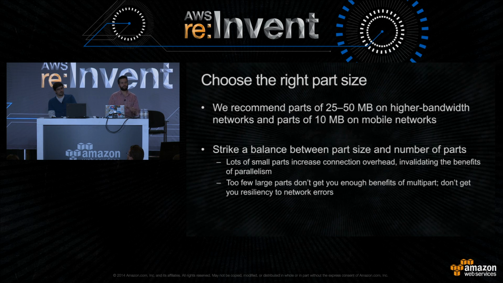And also, you need to strike a balance between the part size and the number of parts. Because if you increase the number of parts, you won't benefit from multi-part upload because you put too much overhead on your network. And if you're uploading fewer parts that are larger in size, you also won't benefit because if the upload of one of the parts fails, you will have to transfer a larger part of the object again. So we always recommend you benchmark for your scenario.